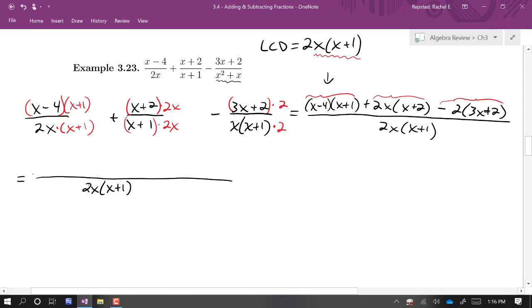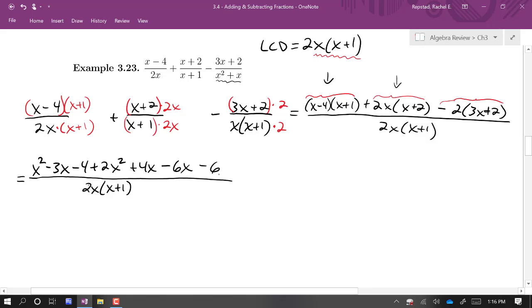If we're FOILing that out, that'll be an x squared minus 4x plus x is minus 3x, and then minus 4. In the middle, now we're going to distribute the 2x, so that's plus 2x squared plus 4x. And at the end, we're going to distribute that minus 2, so negative 6x, negative 6.